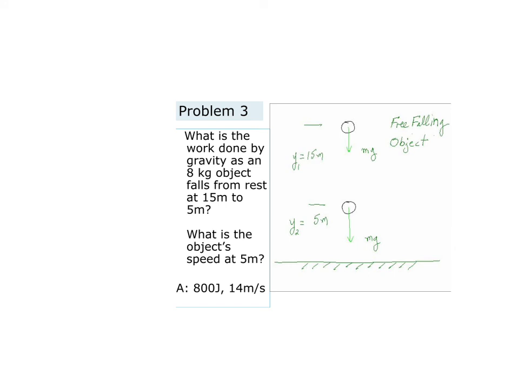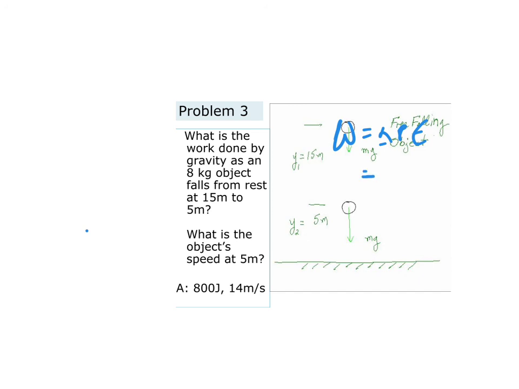I've just put another example on the board. This time it is using gravitational potential energy rather than kinetic energy. Just remember a couple of things if you wanted to figure this out. If we want to get the work done here, we could say W is equal to the change in potential energy.